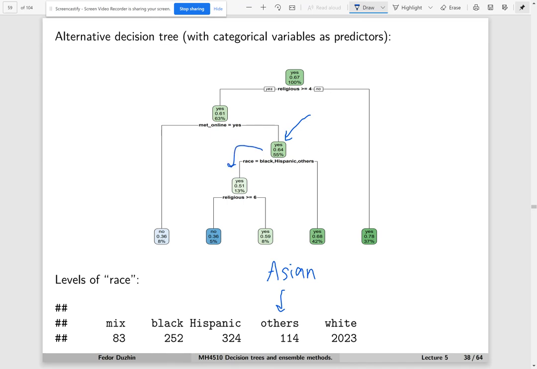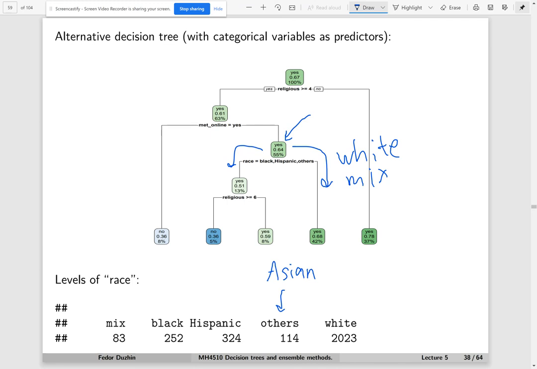If it is not Black, Hispanic, or others, meaning it's either white or mixed, then we go to the right. Why Black, Hispanic, and others are less likely to be married, I don't know. I guess it probably has to do with American culture. I cannot explain it, but this is what it looks like.